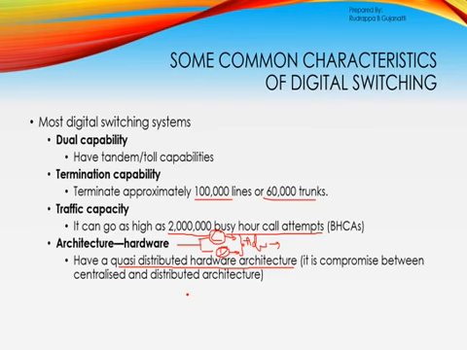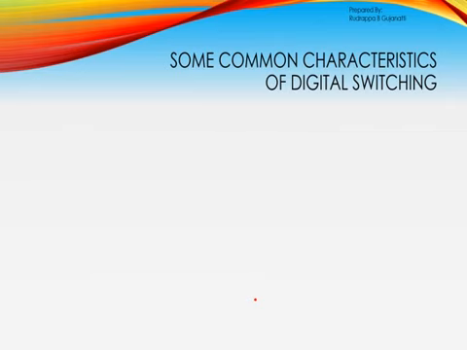So the architecture will be a compromise between the centralized and distributed architectures. That's why the hardware architecture will be quasi distributed hardware architecture. Multiple processors can be involved in such architectures, which will basically act as subsystems.